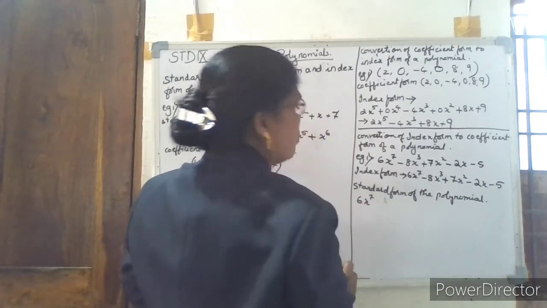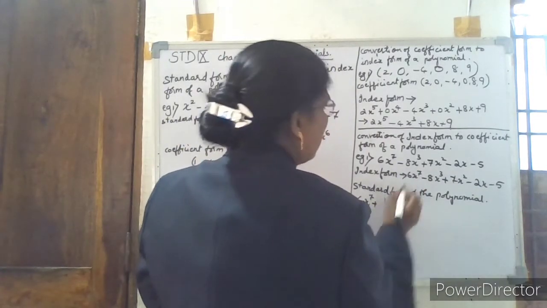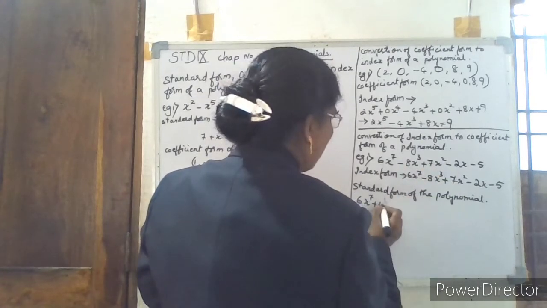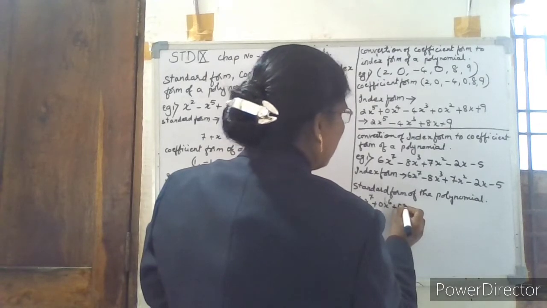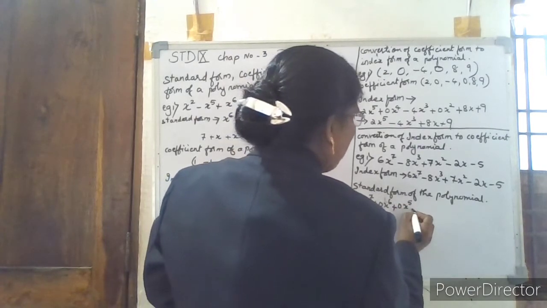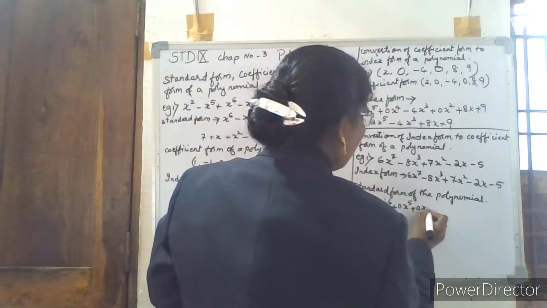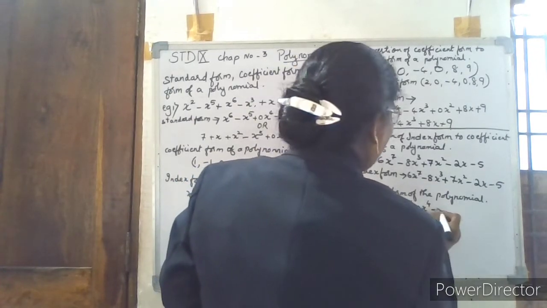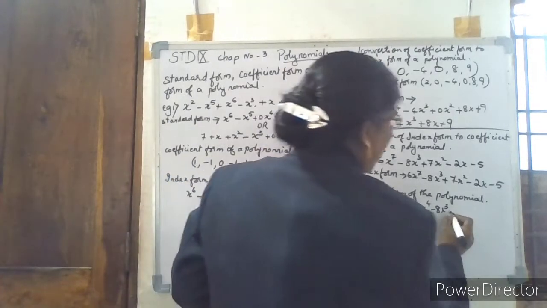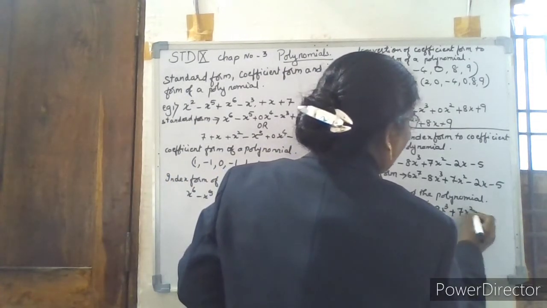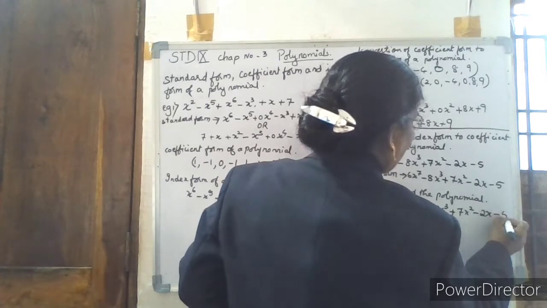Then power 6 is not there, so 0x raised to 6. Then plus 0x raised to 5 plus 0x raised to 4, then minus 8x cube, then plus 7x squared minus 2x and minus 5.